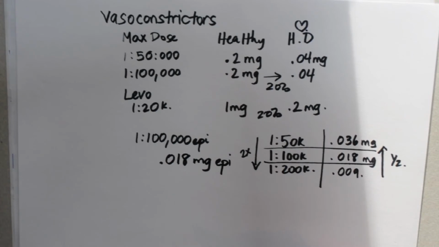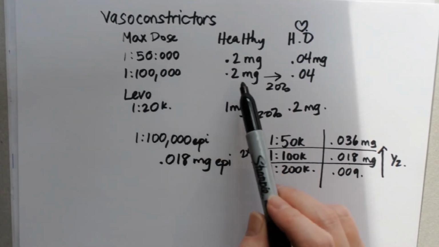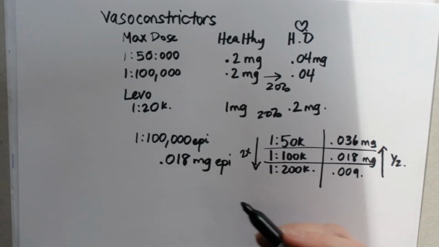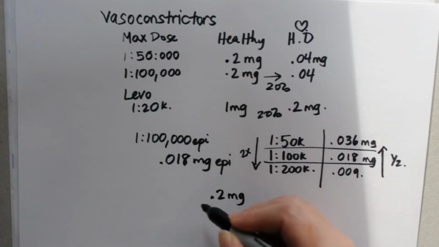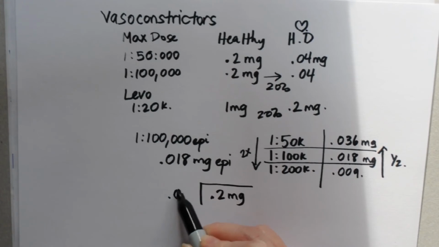So now we want to know how much can a healthy person have in terms of carpules. So we know that no matter what the concentration, 0.2 milligrams of epi is our upper dose. So 0.2 milligrams, in order to find out how many carps, we need to divide it by how much is in a single carp.